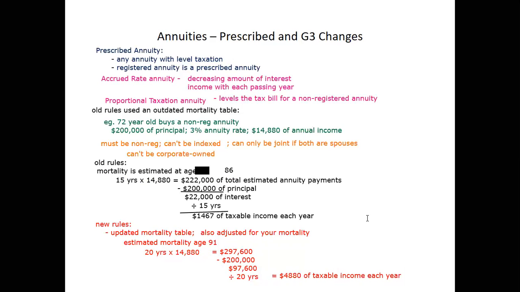I've effectively brought a third of that annuity payment into income versus 10% in the previous calculation. Is there a little bit of logic to that?